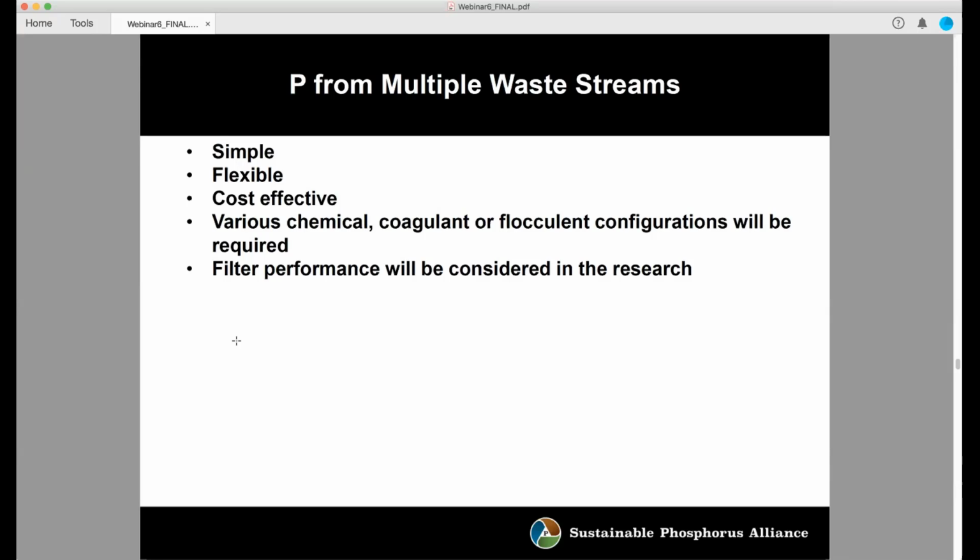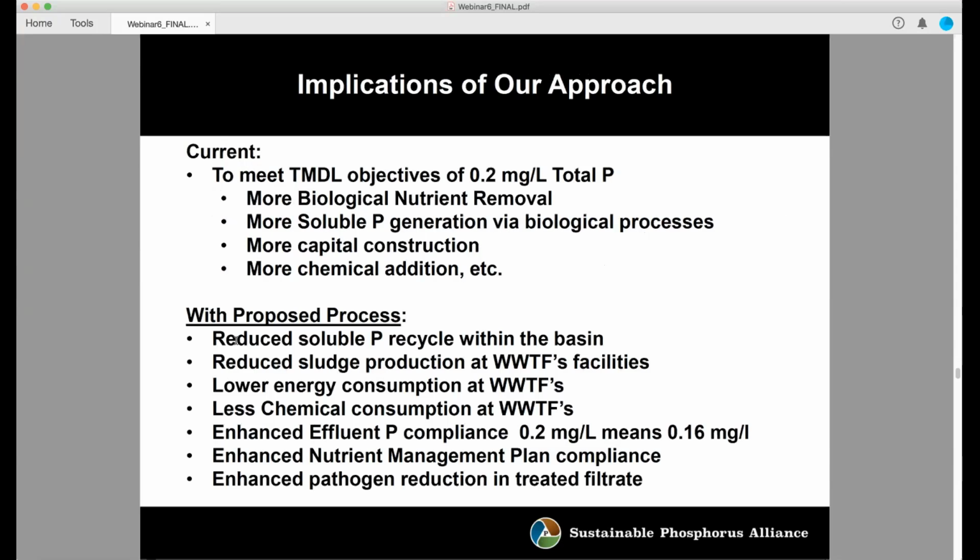The major part of this work is also evaluating this anti-fouling membrane system using a small amount of electrical field. This electricity can come from a solar panel, and the energy provided by that solar panel will be sufficient to keep this membrane clean for a long period of time. So what are the implications of our approach?